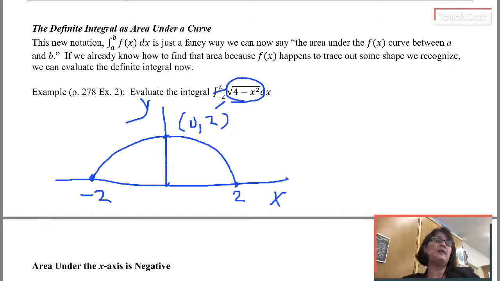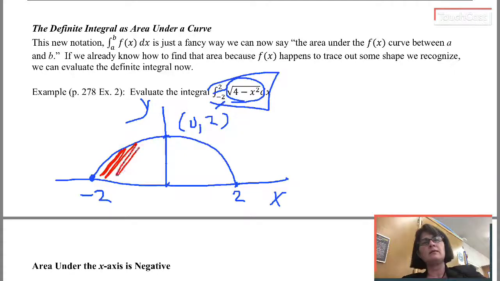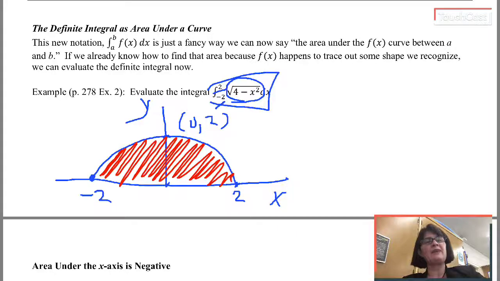And now I know, I'm practicing, this is your first time, so don't worry if you didn't know right away, but this is a notation that means find the area between that curve and the x-axis between -2 and 2. So I'm going to color in what they're talking about. Specifically, that notation means find the area between the x-axis and the curve, which in this case is a semicircle, between -2 and +2.